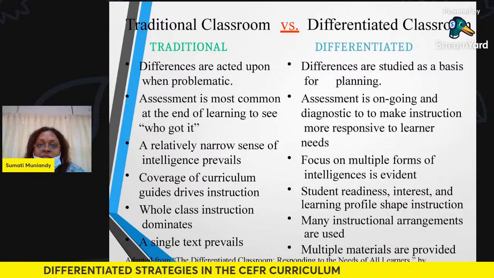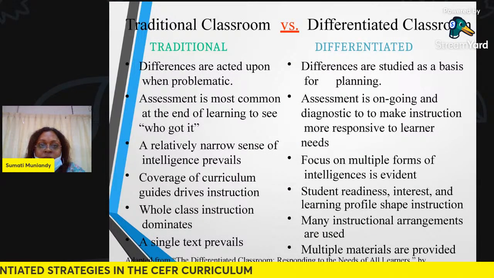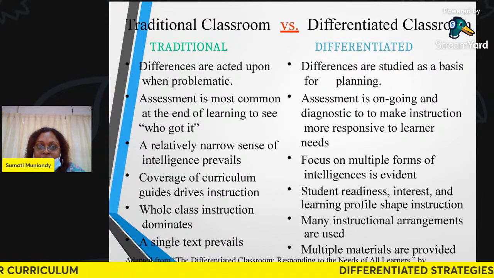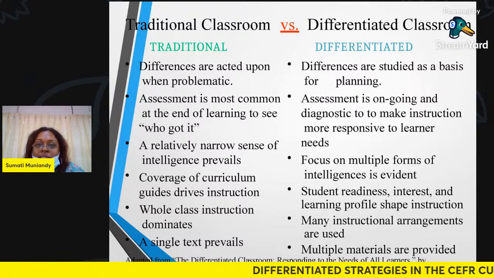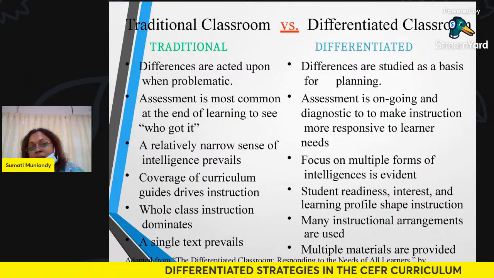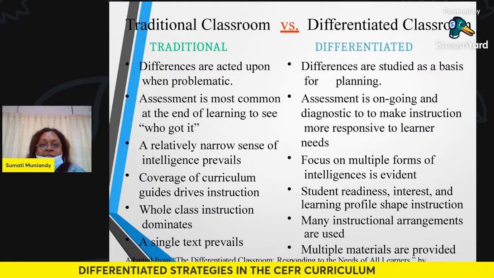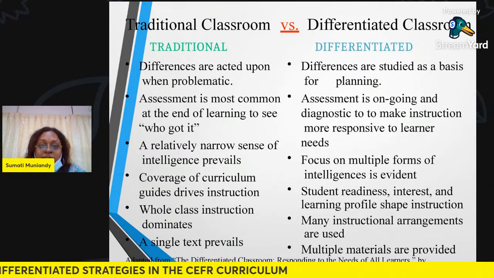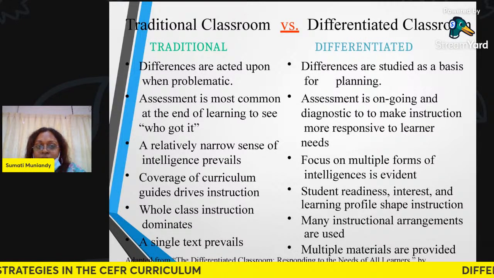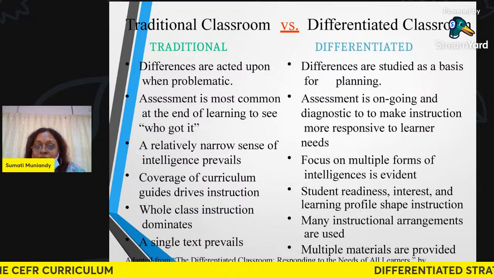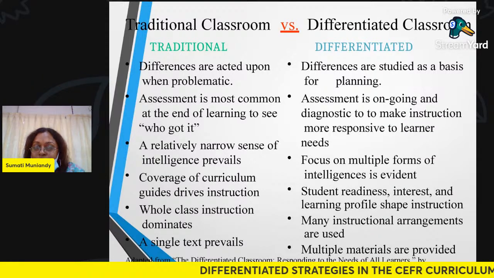Traditional versus differentiated classroom. In the traditional classroom, differences are acted upon when problematic. In the differentiated classroom, differences are studied as a basis for planning. In the traditional classroom, assessment is more common at the end of the learning to see who got it. But in the differentiated classroom, assessment is ongoing, like formative assessment.